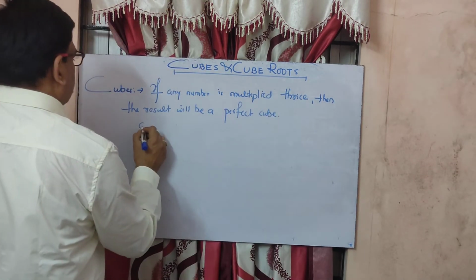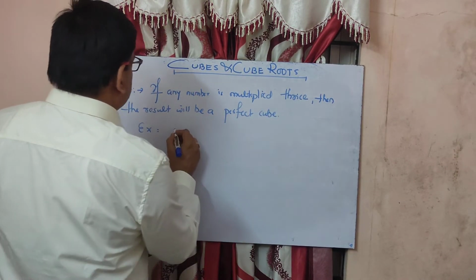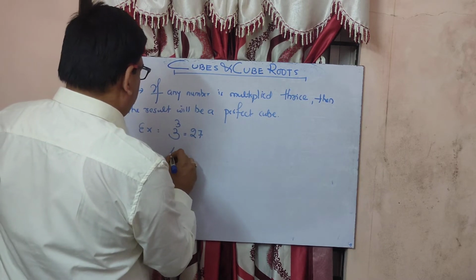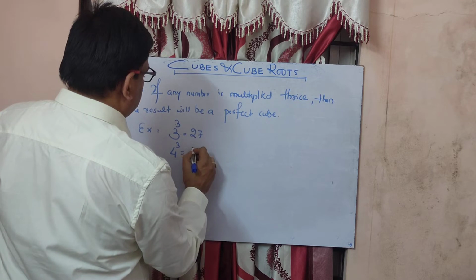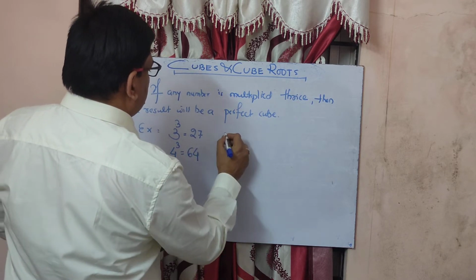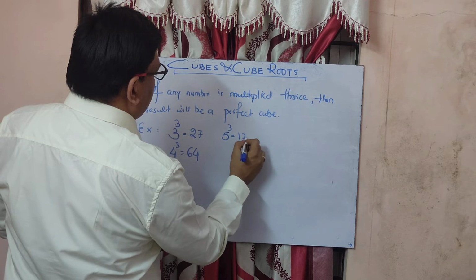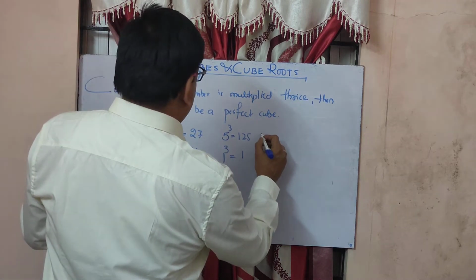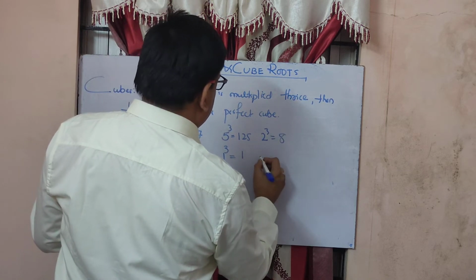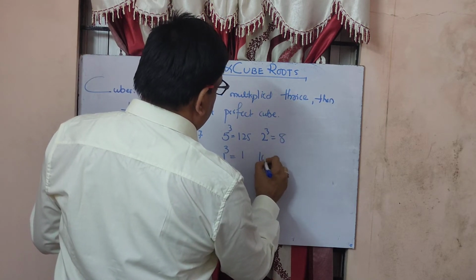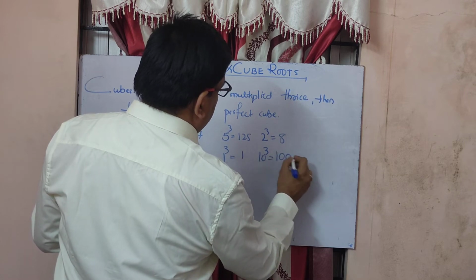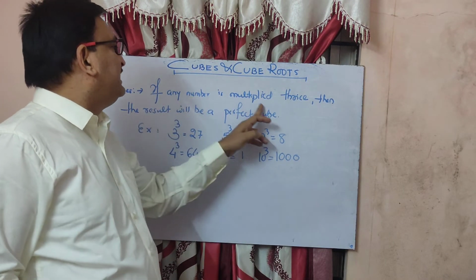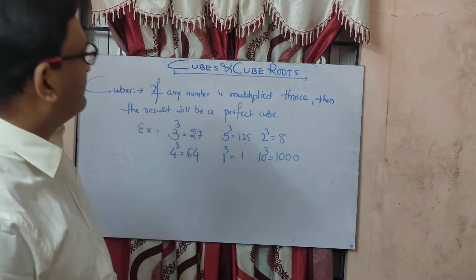For example, 3 cube is 27, 4 cube is 64, 5 cube is 125, 1 cube is 1, 2 cube is 8, 10 cube is 1000. So a cube means any number multiplied three times.